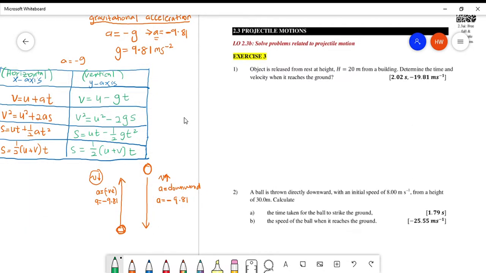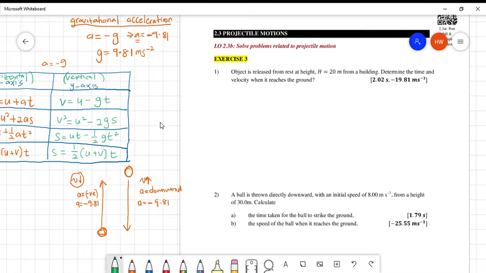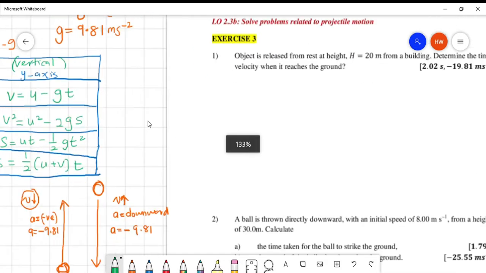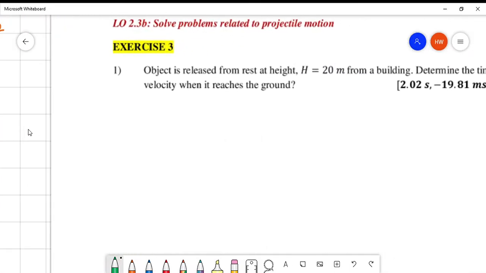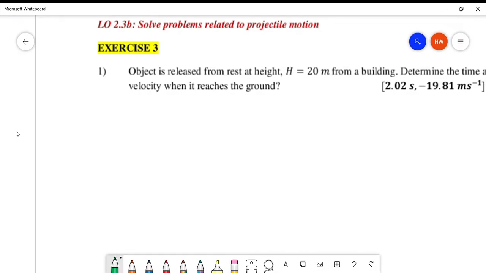Okay, so saya pergi terus kepada exercise 3. Object is released from rest at a height 20 meter from a building. Katakan saya lukis ada building, ini ground kita.